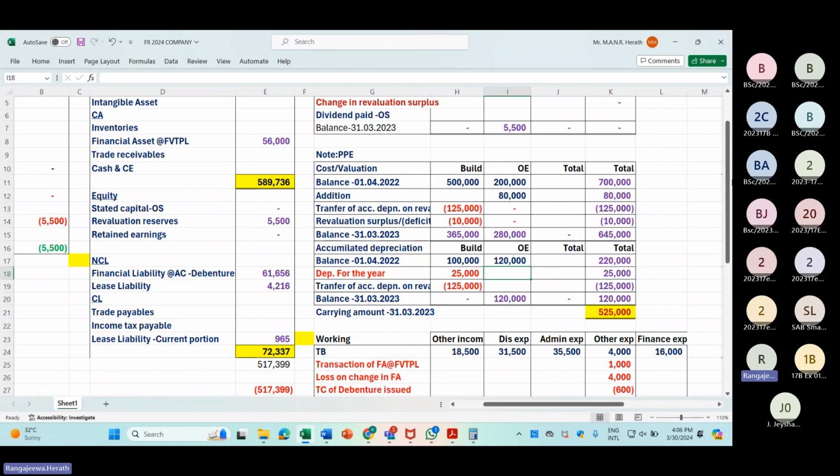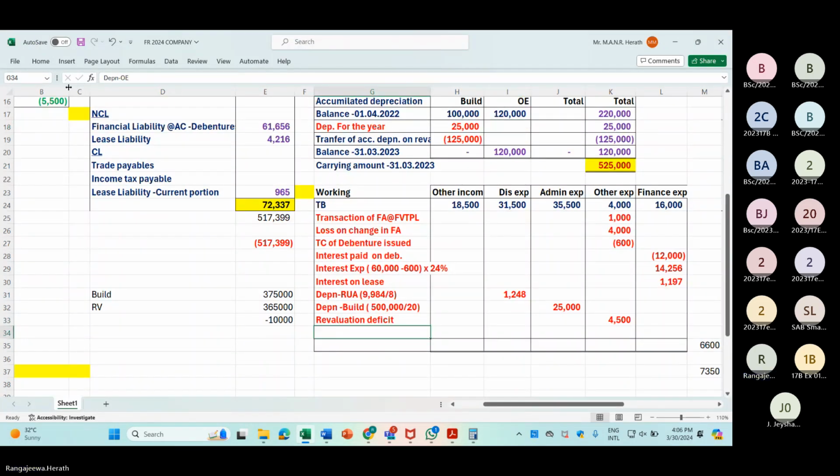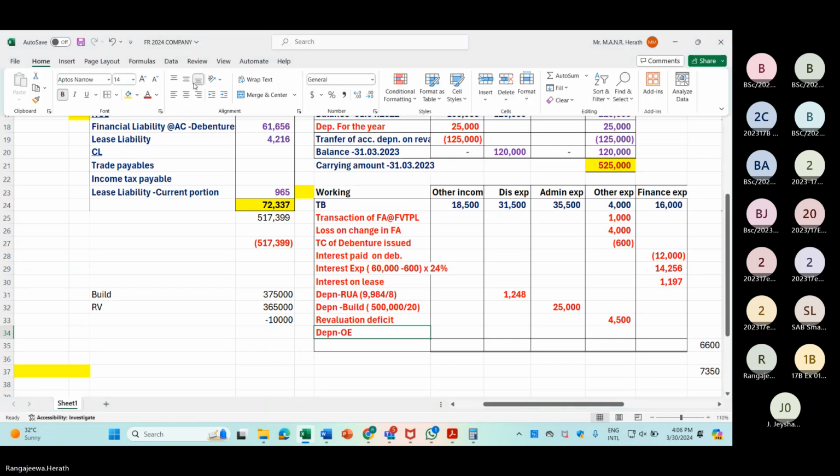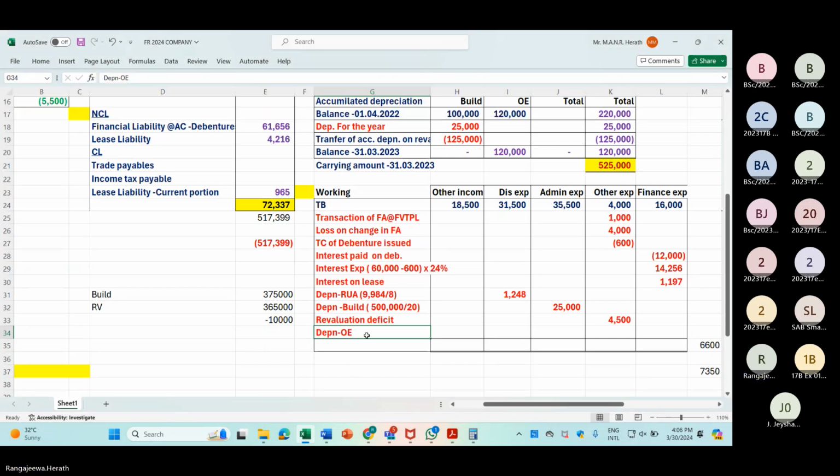So depreciation of office equipment: 200,000 into 20% plus 80,000 into 20% into 6 months only, because this was acquired on 1st October.